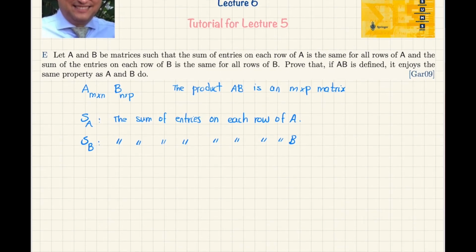Now we claim that the sum of entries on each row of this product is also the same for each row. Okay, to prove this, I could take a row from this matrix. Because this matrix AB is an m by p matrix, I would say that let i be an integer between 1 and m.